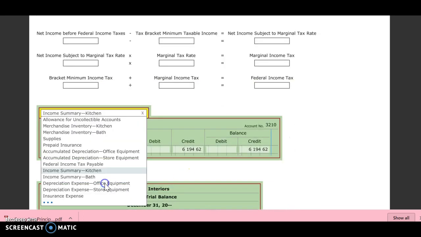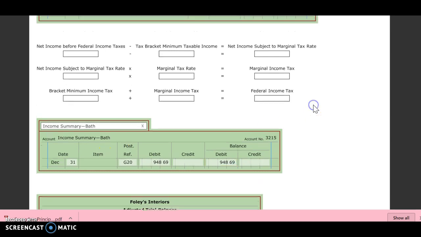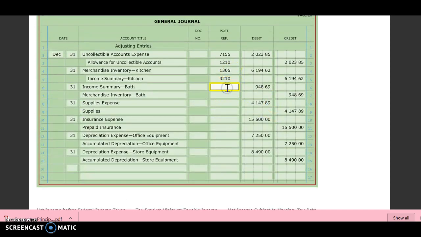Income summary bath. 31st, G20. We have a debit of $948.69. 948.69. 3215.